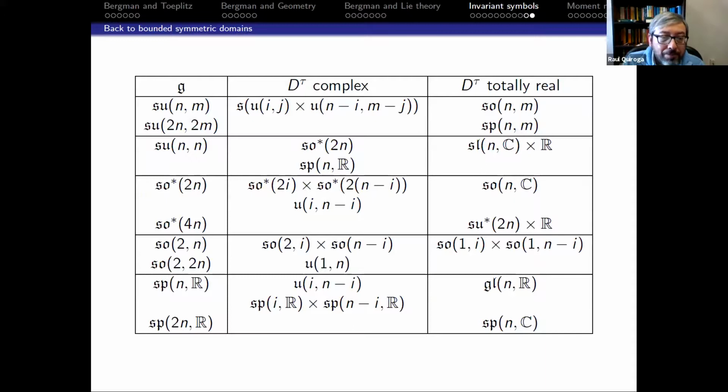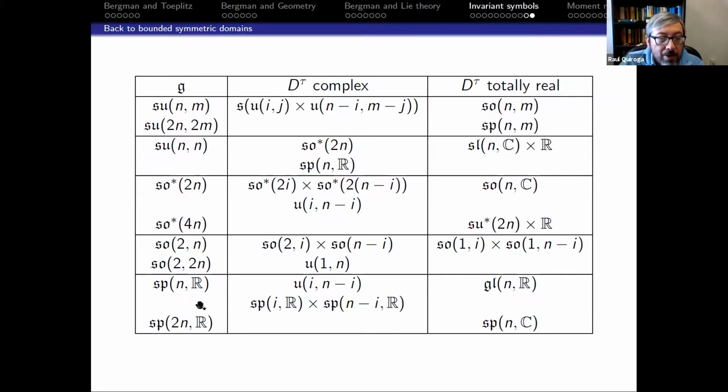Examples, there you have them. In the notation of Lie algebras, here is the group of biholomorphisms of the domain. They have some corresponding maximal compact subgroup that you have to mod out to obtain the domain. This is our Cartan matrix domain.